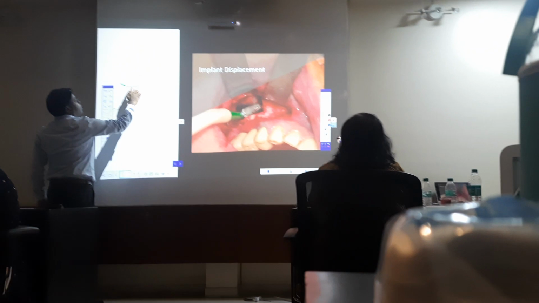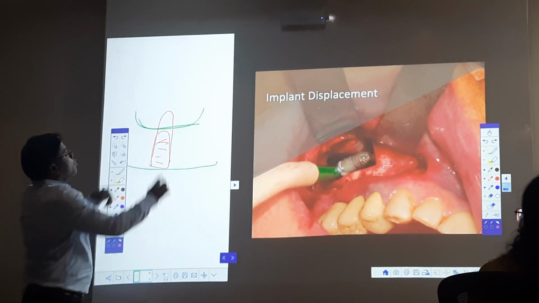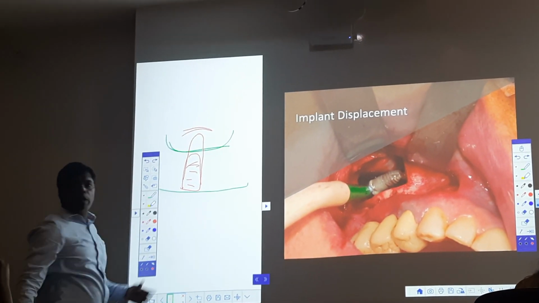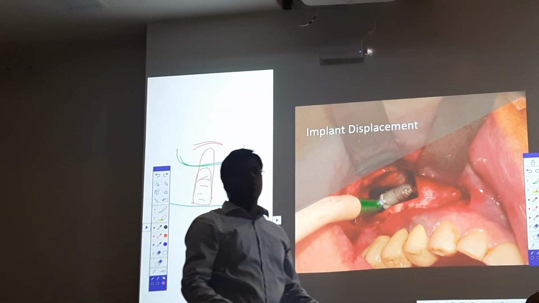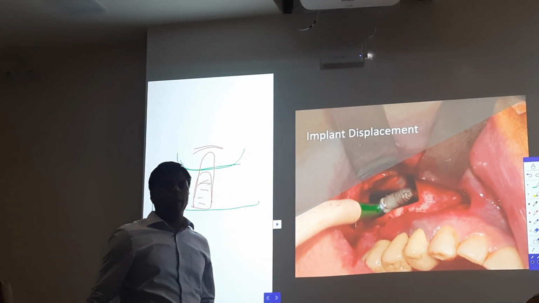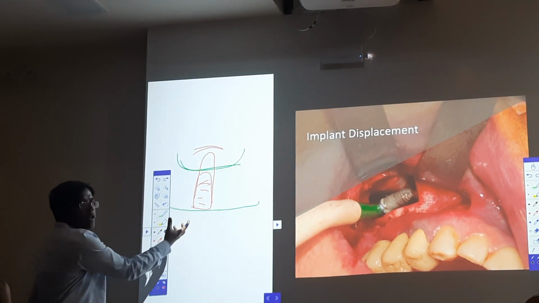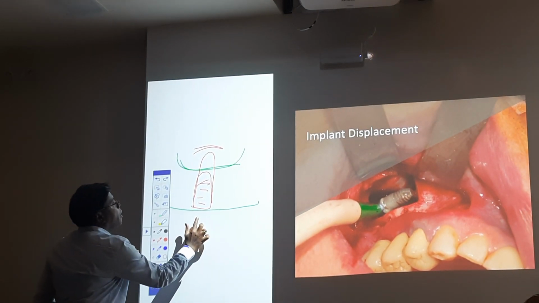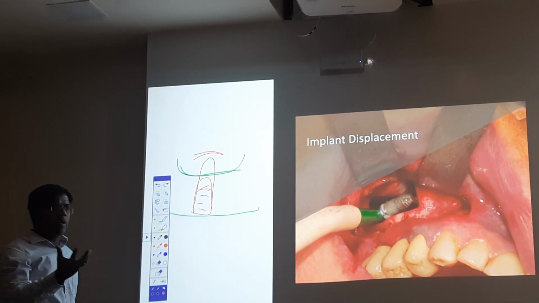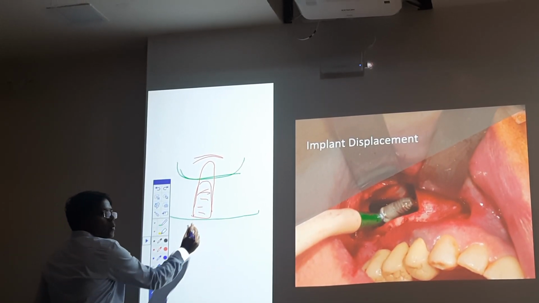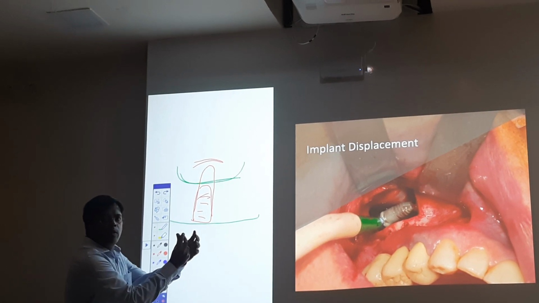The implant is extending into this region. There is no floor now. You have placed the graft, but the graft will not form so soon. It will take a lot of time. And you have thought of doing cover screw removal now. Huh? So suppose there is a loose trabecular pattern, and sometimes you will not feel that, no?